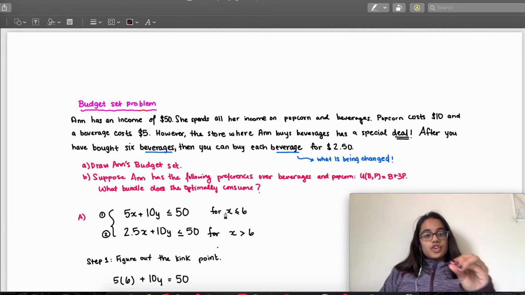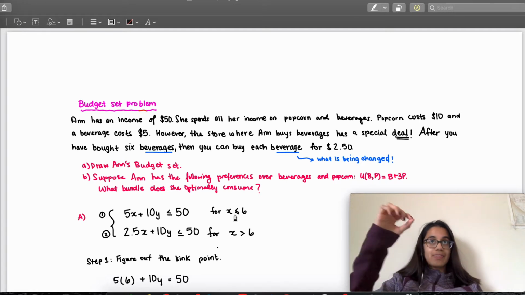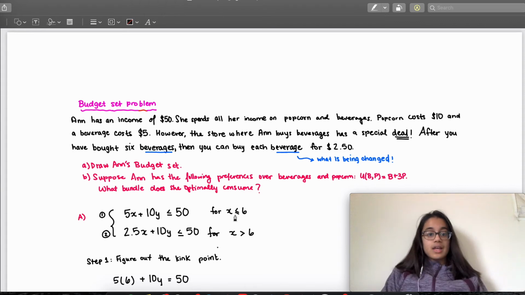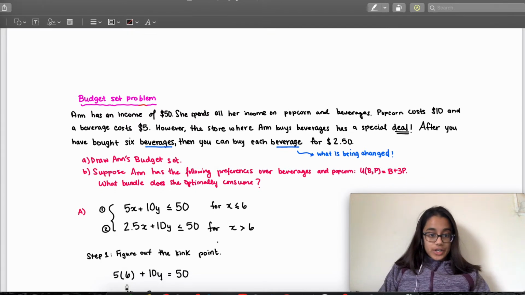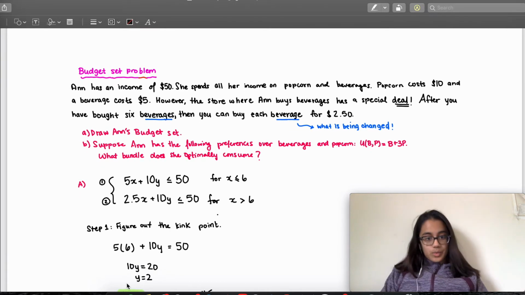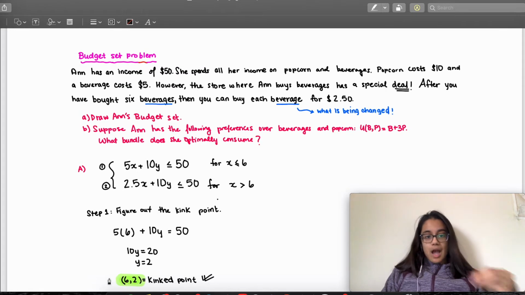Here we plug in our x, which we already know is 6, since at 6 beverages we're changing our line. Plugging 6 into the first equation, 5x plus 10y, we get 30 plus 10y equals 50. Solving, y is equal to 2. So our kink point is (6, 2).